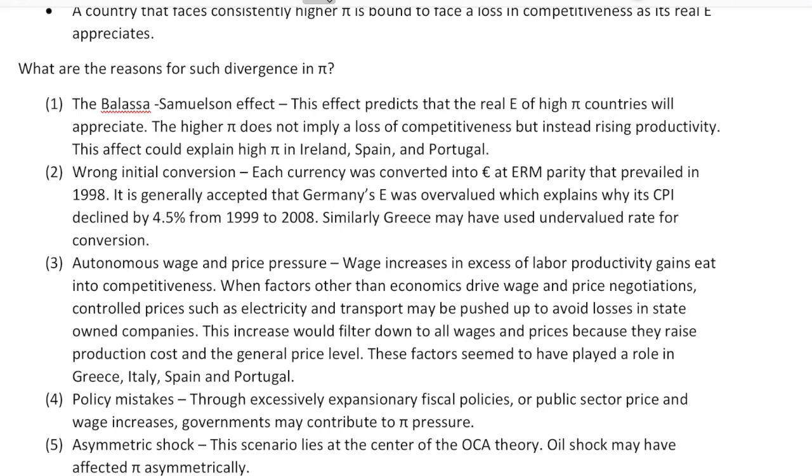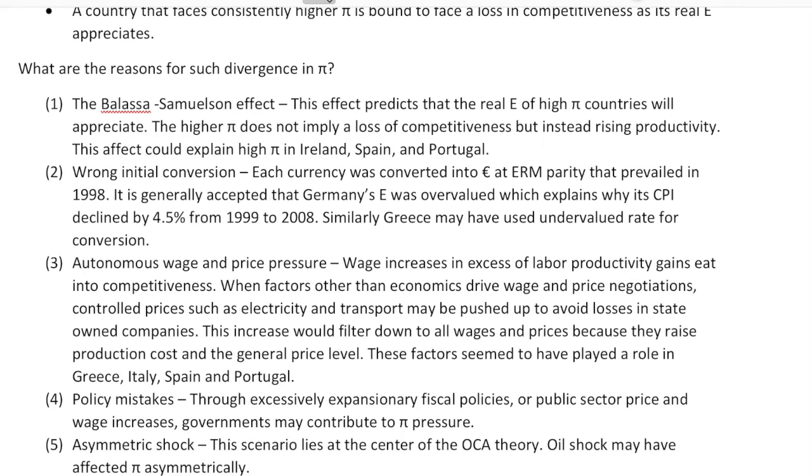So in turn, it induces other producers to increase prices and wages as well, because their production costs just got raised. So it appears that research has shown that these factors, which is collective bargaining, appear to have played a role in high inflation rates in Greece, Italy, Netherlands, Spain, and Portugal.